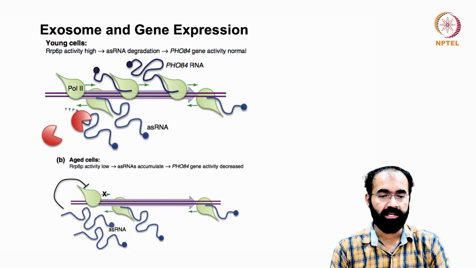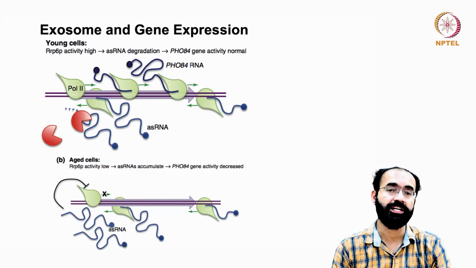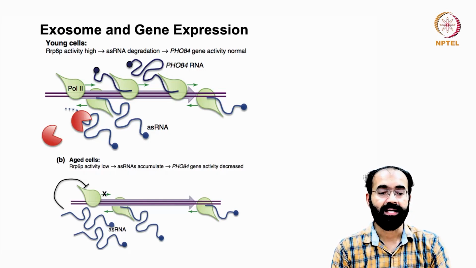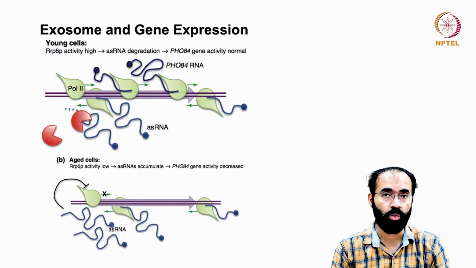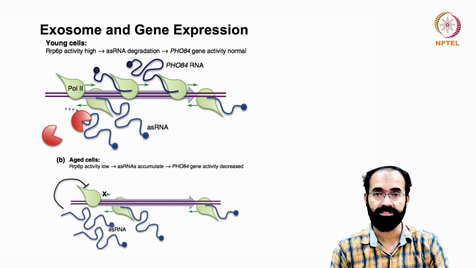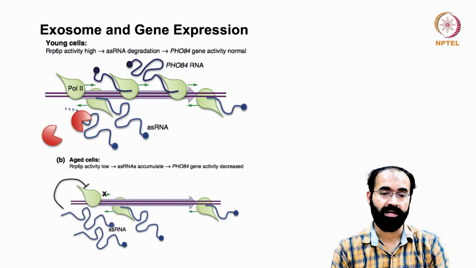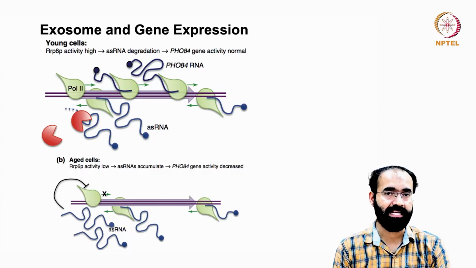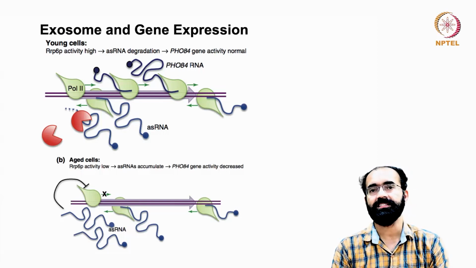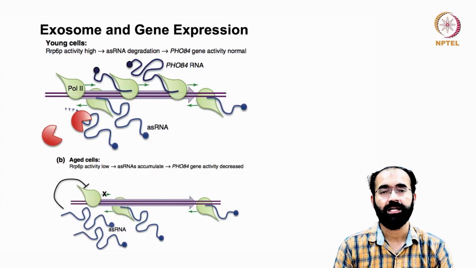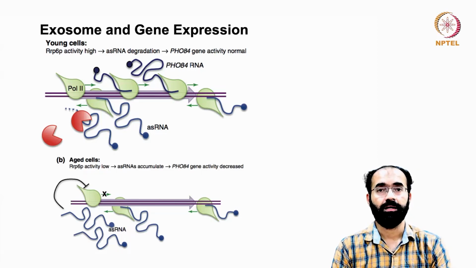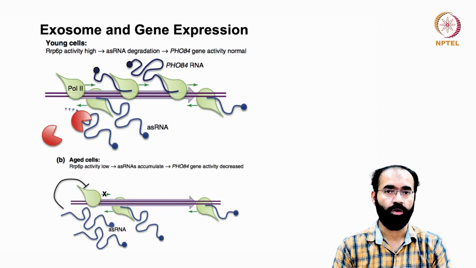In young cells, it is strong and gets rid of the antisense RNA, hence 484 can happily be translated. Whereas in old cells, the activity of RRP6P is low and the antisense RNA remained stable, and that could cause the degradation of the 484 RNA. Of course, the antisense RNA will also be degraded because of this pairing, but antisense RNA is not coding for anything, hence no definitive effect on the cell.